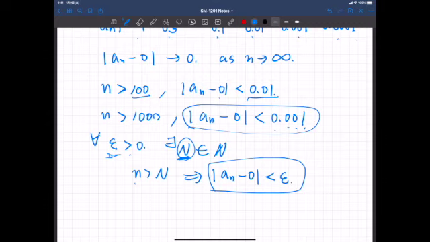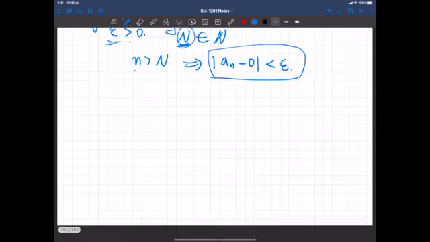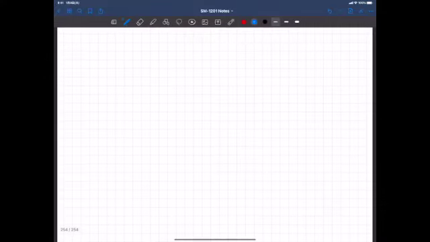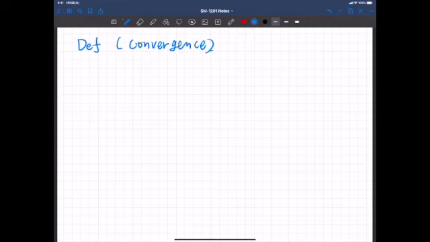So based on this observation, we have a more precise definition of convergence. So here's the definition. Convergence. We write the limit of the sequence is alpha if and only if the following is true.